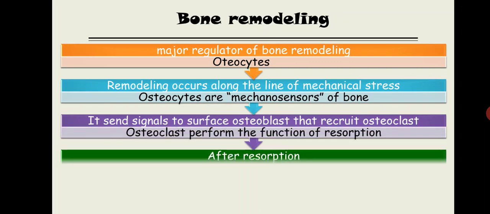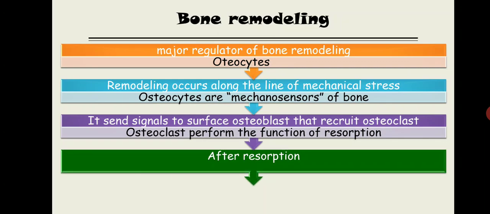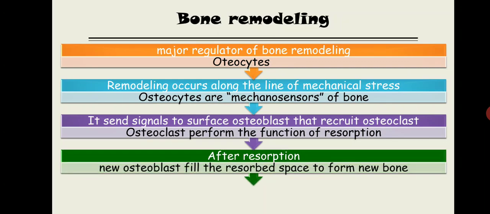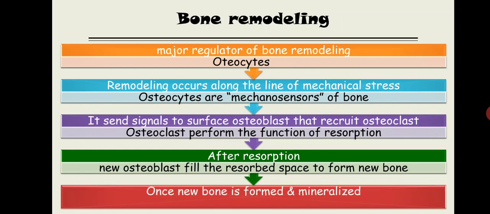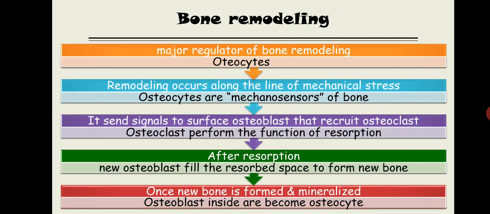Once the resorption is performed, new osteoblasts will fill that resorbed space to form new bone, and once that new bone is formed, it will be mineralized, and the osteoblasts inside will become trapped and converted into osteocytes. That's all about bone remodeling. So for bone remodeling, we first have to activate resorption.